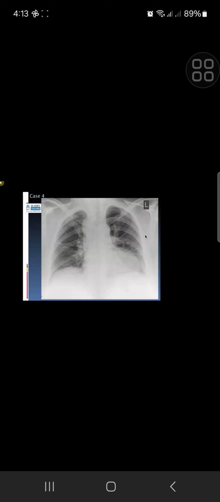I am presented with a plain X-ray of a skeletally mature patient. From the first instant, I can see that there is mediastinal widening, seen more on the right side. There is a mild degree of displacement of the trachea to the left side. I can see that the hilar vessels are well delineated at both sides.